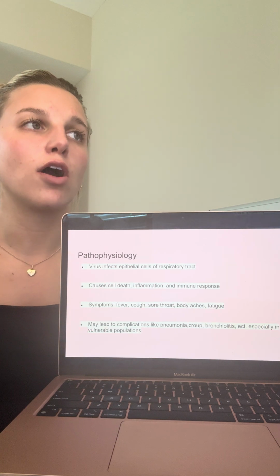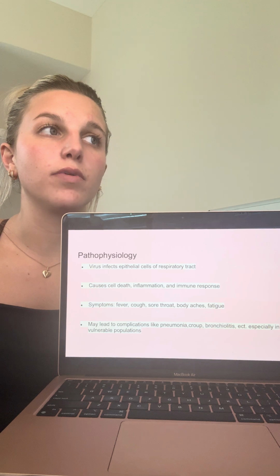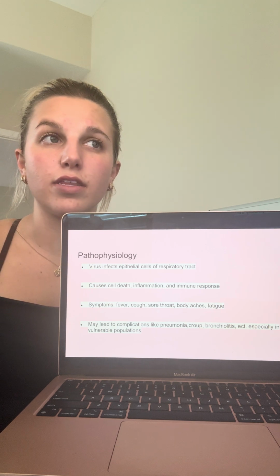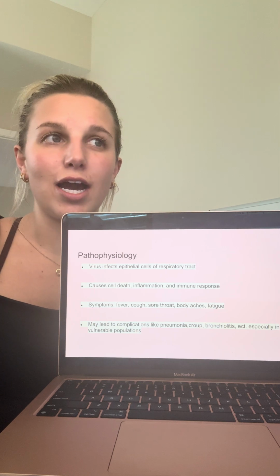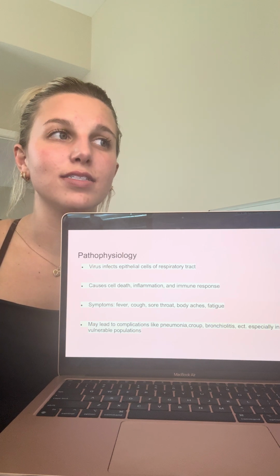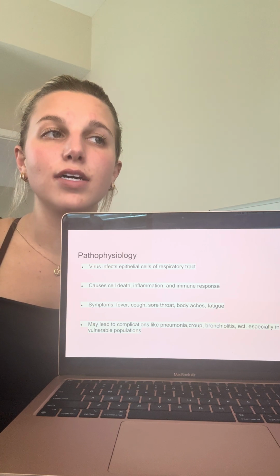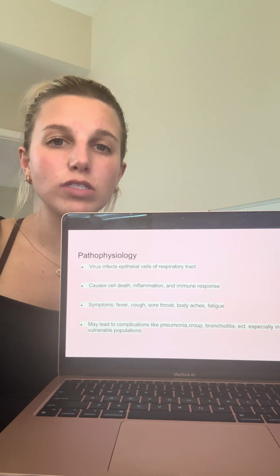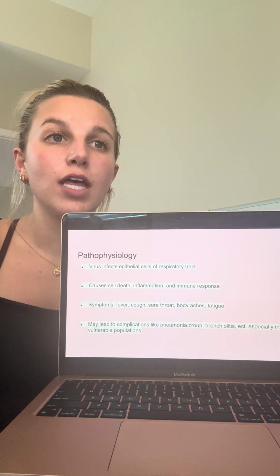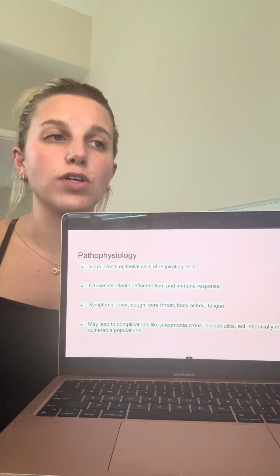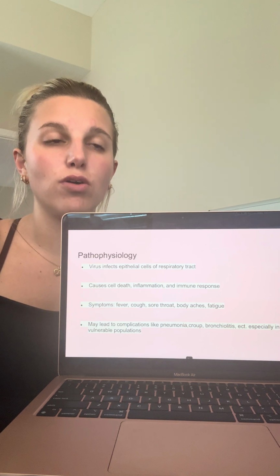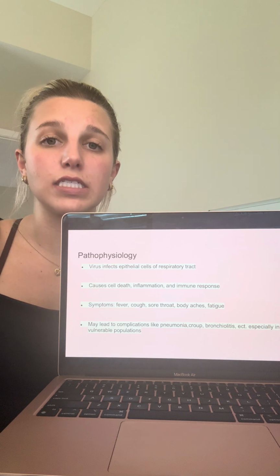So we have our pathophysiology. Our virus infects the epithelial cells of the respiratory tract, and then that causes cell death, inflammation, and immune response. So the symptoms of that are going to be our fever, cough, sore throat, body aches, and fatigue.